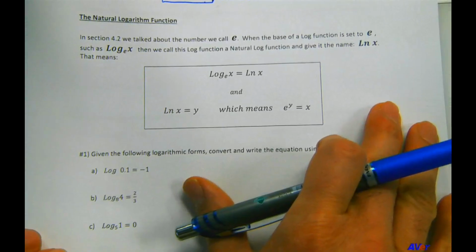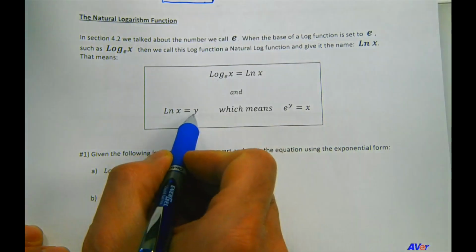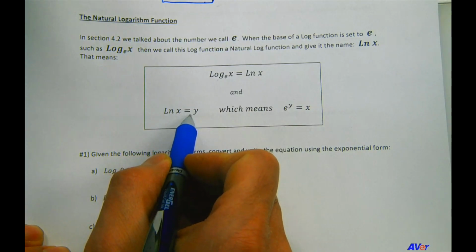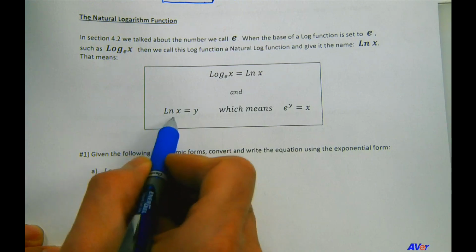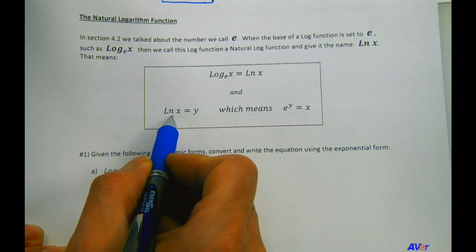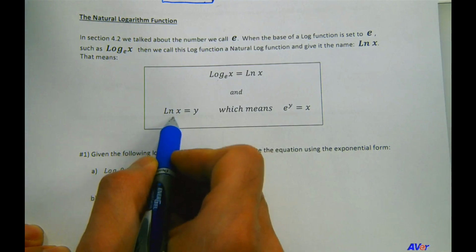That same rule applies here. So if you have natural log of x equals y, that y is an exponent to some base. What base is that? This is a natural log, so the base must be e, right? So the base of a natural log function is e.